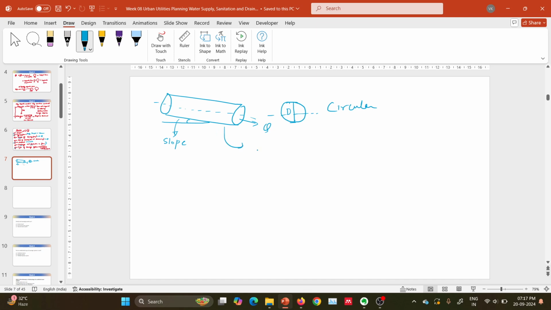If it is flowing with the help of gravity, it is called open channel flow. How do we distinguish between open channel flow and pipe or pressure flow? In open channel flow the water is not under any pressure, there is no pumping, and at the interface between water and air there should be only atmospheric pressure.